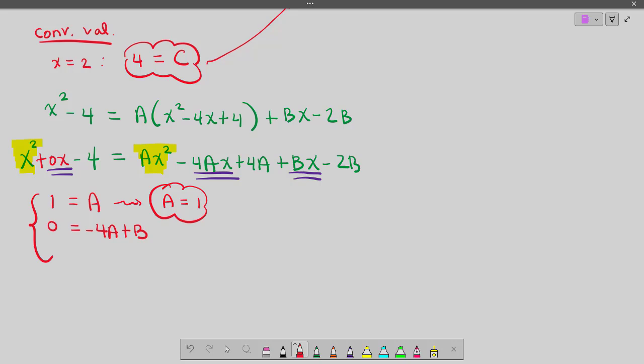Oh, that's enough. We don't even need another equation, right? Because we know that a is 1, so what does that make b? 4. So if a is 1, we add 4 to that side, so we get that b is 4. Now we have all of our coefficients solved for.